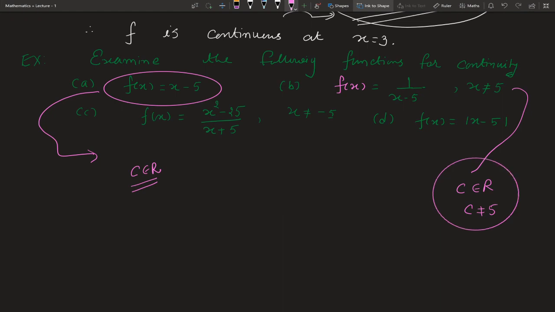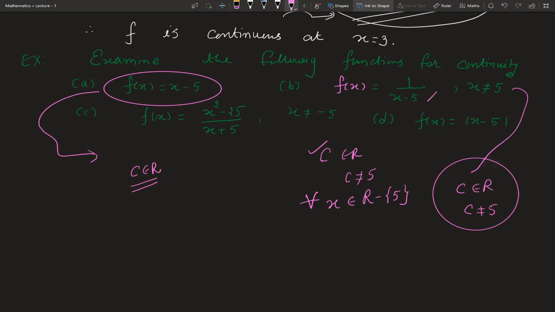So we will check the continuity by taking arbitrary c belongs to R and c not equal to 5. If it is continuous at this c, then we will claim that it is continuous for all x belongs to R minus 5. Note that we can't take x equal to 5, in that case the denominator will be 0.